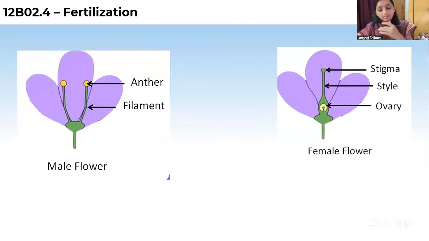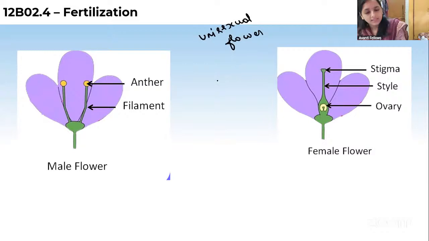So there is no chance of self-pollination. Why would we do emasculation and remove the anther? So in the unisexual flower, emasculation is not required.